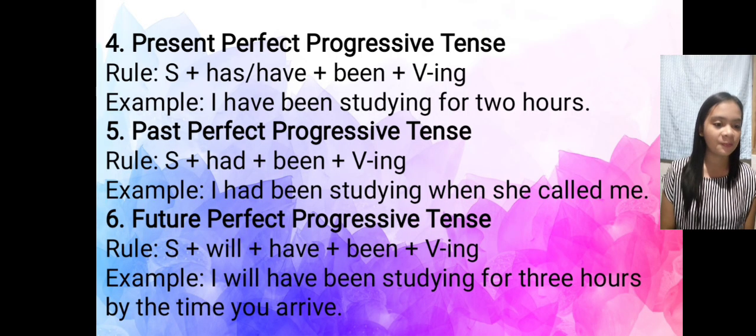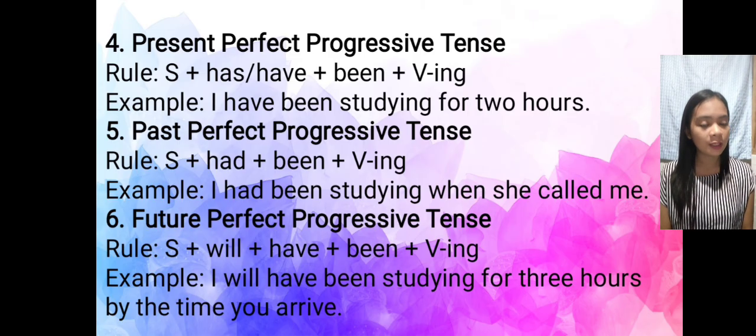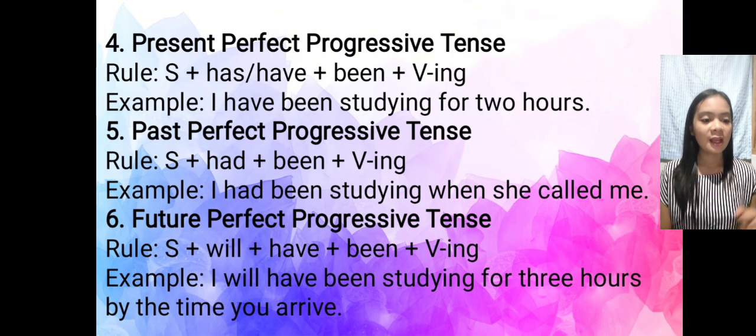I had been studying when she called me. Last, future perfect progressive tense. Rule: subject plus will plus have plus been plus verb ing. Example: I will have been studying for 3 hours by the time you arrive.